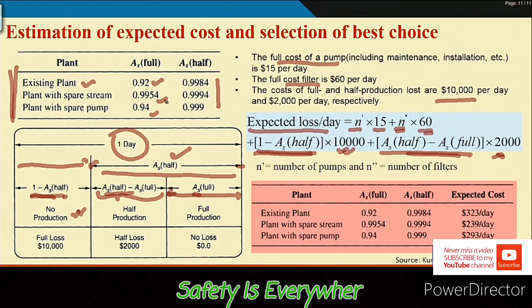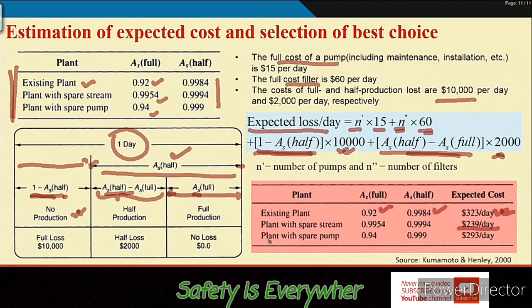Now using this, and the number of pumps and their cost, you found that if you continue with the existing plant, the cost is $323 per day. If you go for the second alternative, the plant with spare trim, it is $239 per day, and if you go for the third alternative, the plant with spare pump, it is $293 per day.